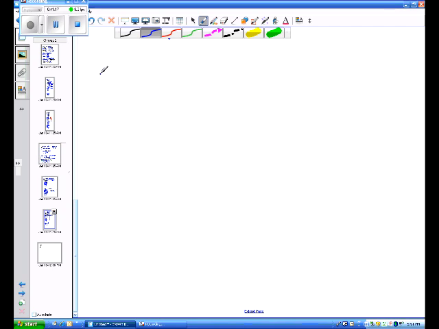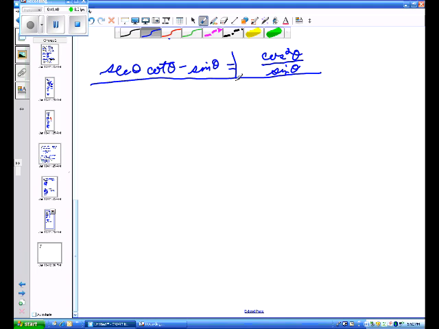If we have secant theta times cotangent theta minus sine theta equals cosine squared over sine theta, we want to verify this. And we're going to work with the left-hand side, so we're not going to do anything over here.